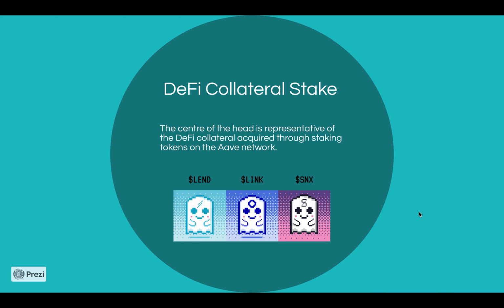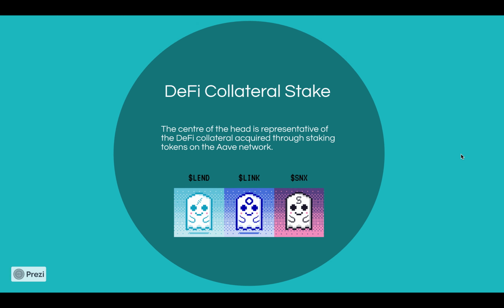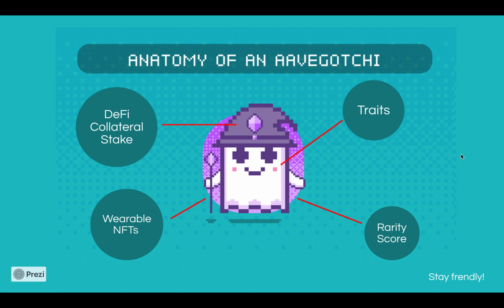For example, the diamond shape means you would have used Link to buy this particular Aavegotchi. That's pretty much all there is to say about the DeFi collateral stake. Just have a look at the different symbols and the different options on the official website.